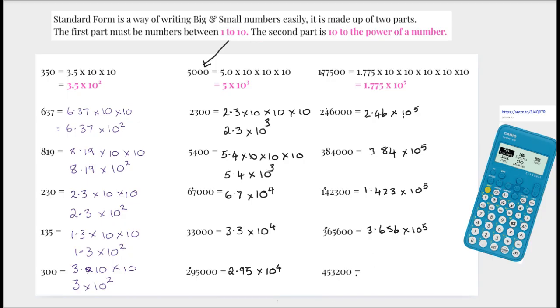Same again, 1, 2, 3, 4, 5. So 4 and 5 makes our 1 to 10 criteria. So meet the criteria first and get the decimal place in. Then second step, add the numbers afterwards, stopping when you get to 0. And then put your 10 to the power of how many places the decimal place was moved, which is 5.